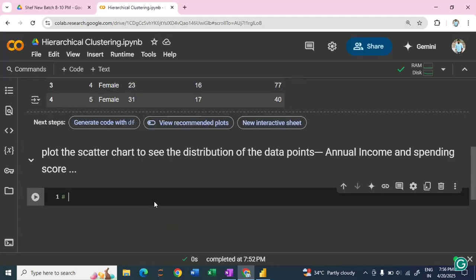So like yesterday, I created it with Matplotlib, right? Now create it with the help of Seaborn.